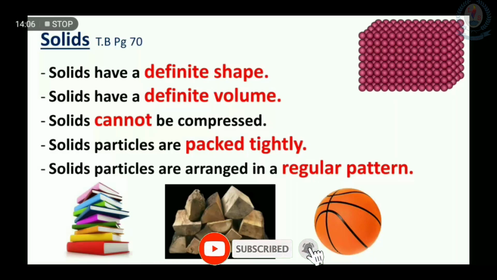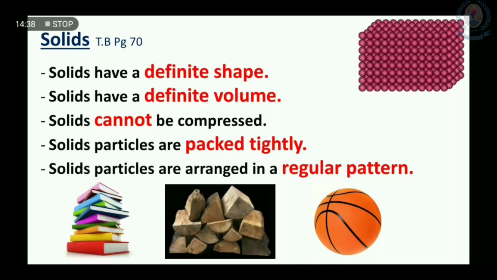Let's see what are the special characteristics of solids, liquids, and gases. First, we will be discussing the characteristics of solids. The solid particles are tightly packed close to each other in a regular pattern, as you can see in the diagram. They have a definite shape and a definite volume.